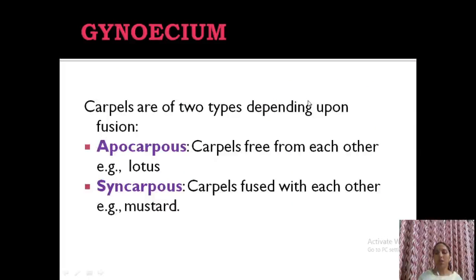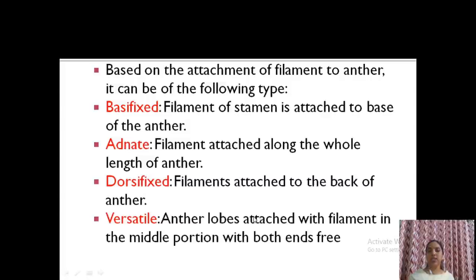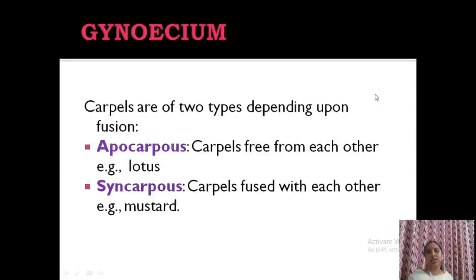The middle portion, so both ends are free. It is versatile, meaning it is a moving type. That is versatile. This condition is usually visible in rice, paddy, etc. So wind pollinated plants have that condition. So basifixed, adnate, dorsifixed and versatile, based on the attachment of the filament to the anthers.